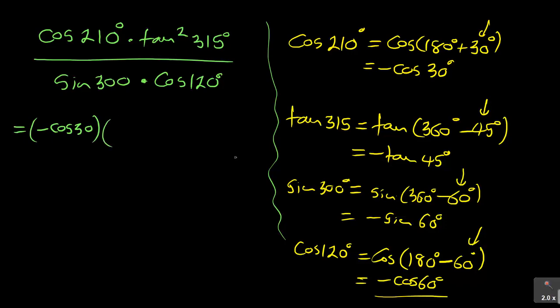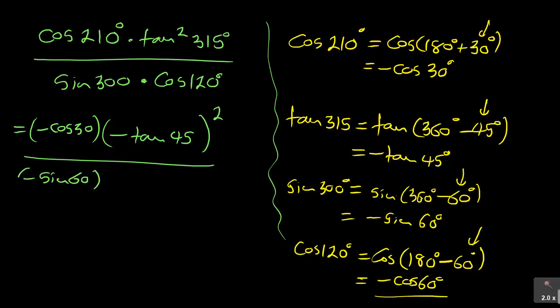If it says squared, it means you put a bracket and you put the squared outside like that. Now tan 315 is negative tan 45 all over, and then sine 300, we got that it was negative sine 60. Again, put it in brackets, as well as cos 120, we got negative cos 60. All right, so that is what we had.